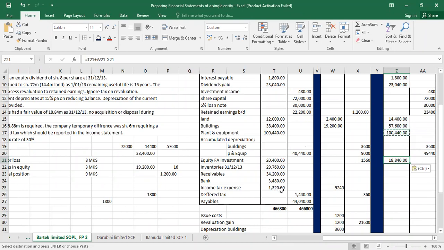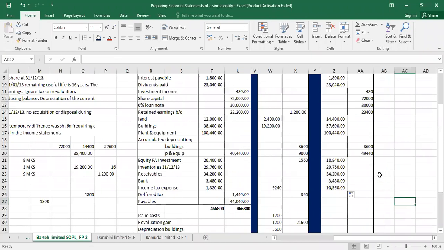Then all of this up to income tax expense. Then I'll copy this one, Control C. I'm here at deferred tax, Control V, 1800, of which you saw how we found the 1800. Then I'll drag.